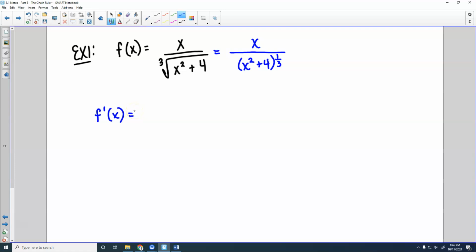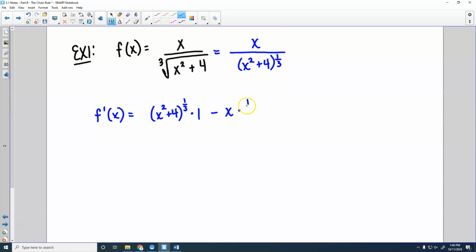For the quotient rule, we've got low, which is x squared plus 4 to the 1/3, times d high, the derivative of the high. What is that? 1, minus high, which is just an x. Derivative of the low, here's where our chain rule is going to come in. We have to use the chain rule to take the derivative of that.